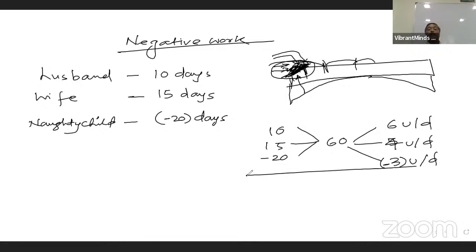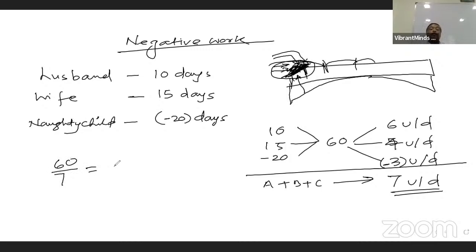So when all three are doing the work, 6 plus 4, 10 units they will do, but 3 units he will destroy. So effectively, how many units per day are they doing? 7 units per day. And to complete 60 units, how many days will they require? 7 times 8 is 56, so 8 and 4 by 7 days.